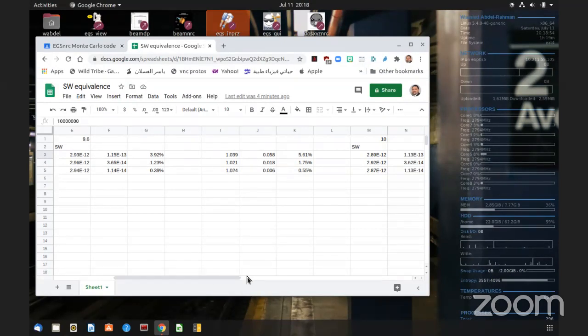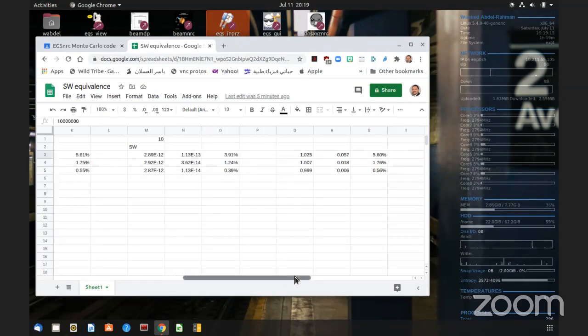Now the second simulation is solid water, but I move that water slab or volume to 10 centimeters. So is 10 equivalent to 10 or no? Then I ran the simulation. These are the doses in water, in solid water, but the water is at 10 centimeters, and so on. And this is the ratio.